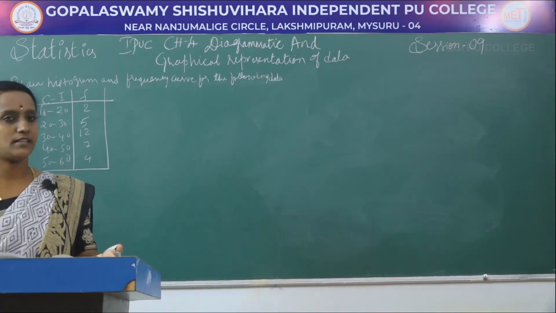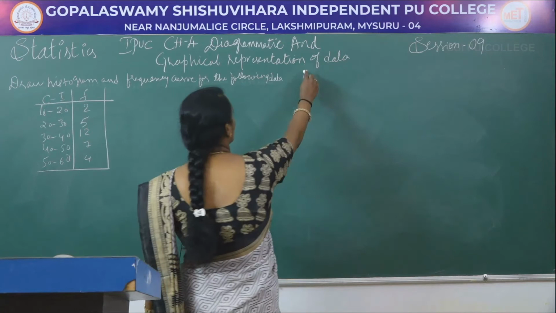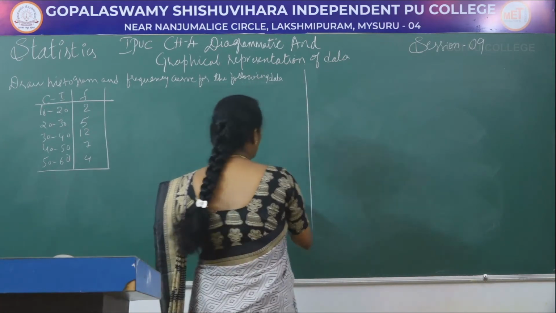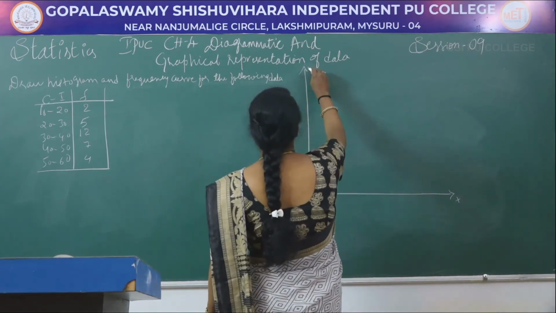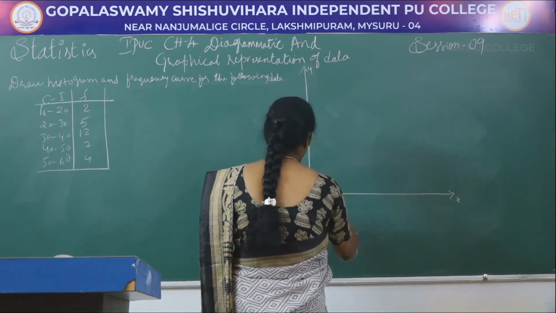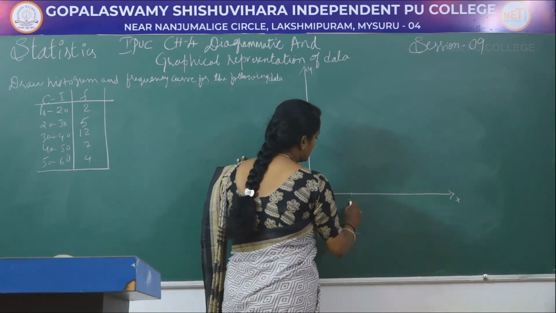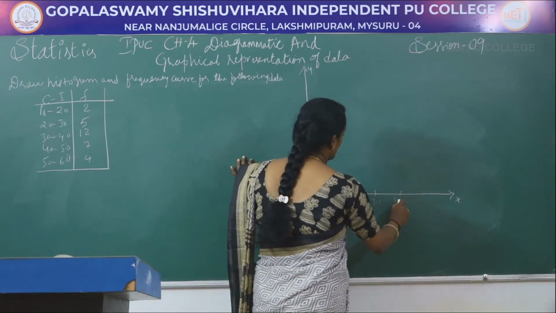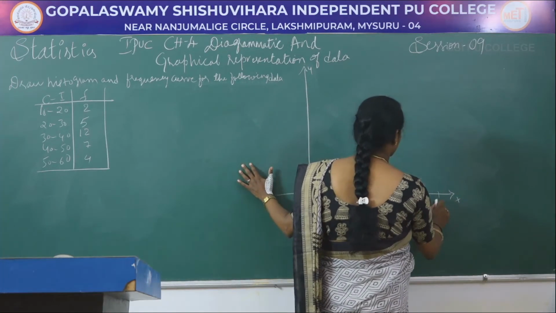So this is the data they have given. For this we have to draw the frequency curve along with the histogram. X axis, Y axis. In X axis I will take the class interval. It starts from 0, 10, 20, 30, 40, 50, 60.